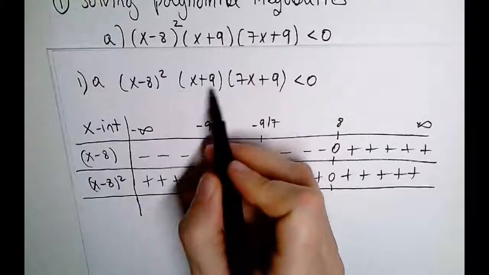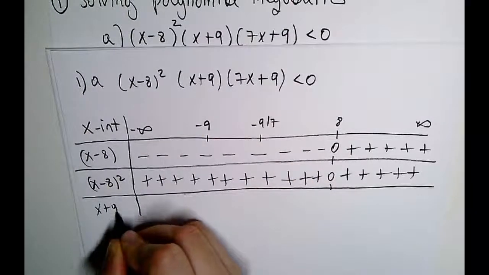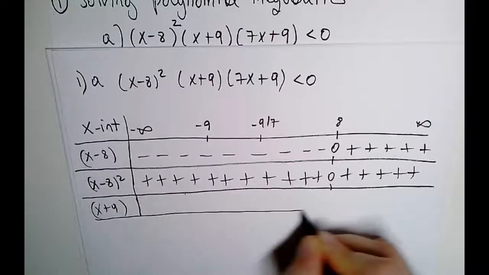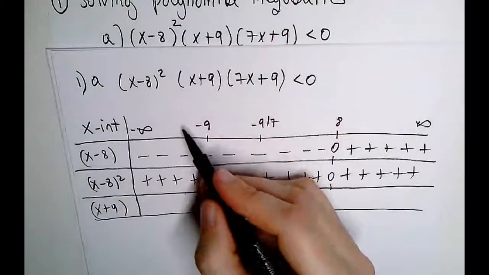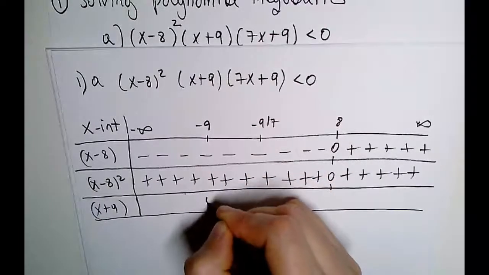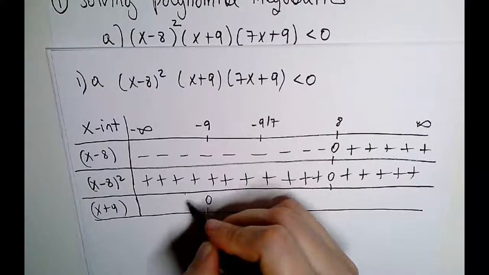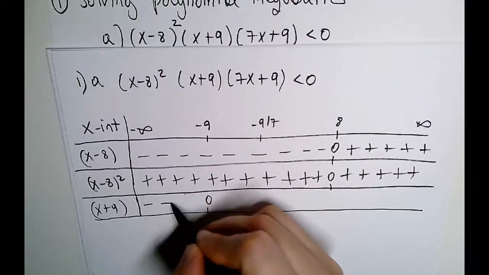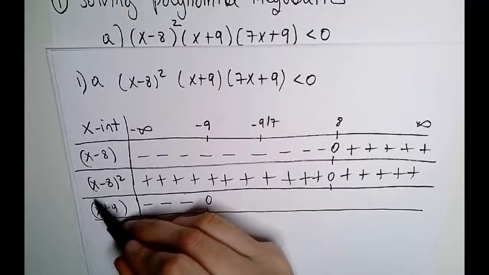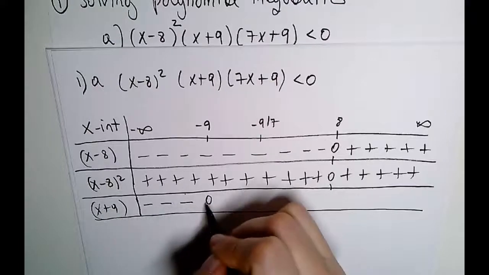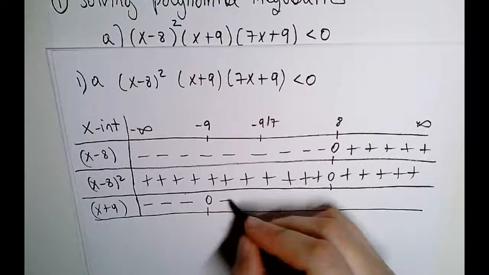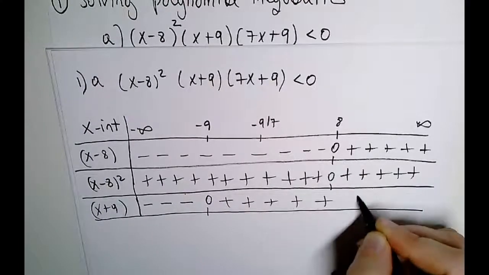Now we're going to look at the next term, x plus 9. This factor, x plus 9, is going to be 0 when x is negative 9, so I'm going to put the 0 in here, and it's going to be negative to the left of negative 9 and positive to the right of negative 9.